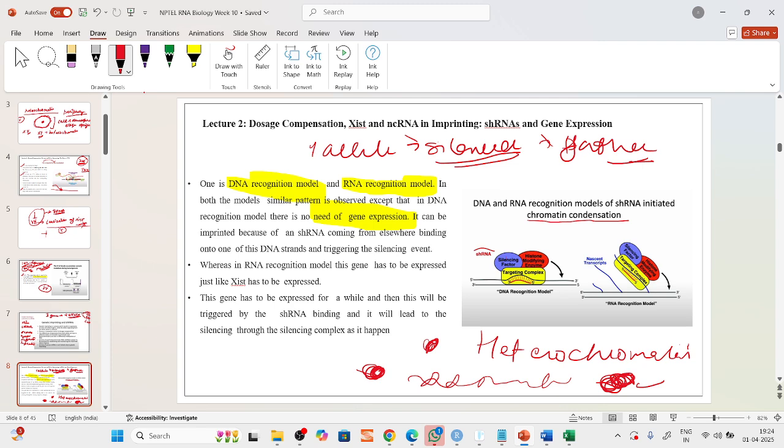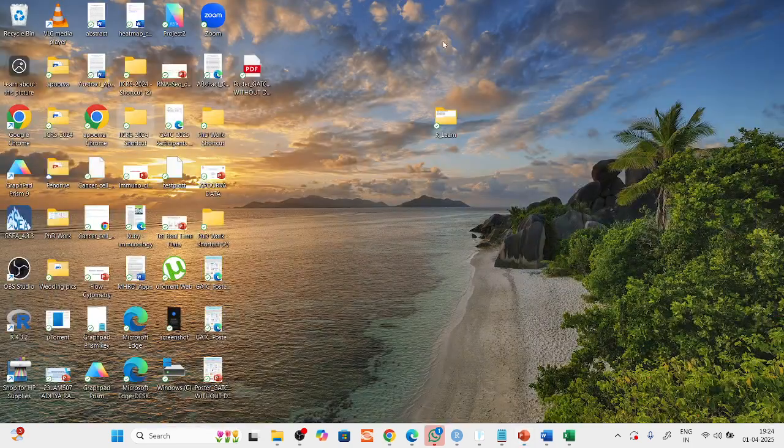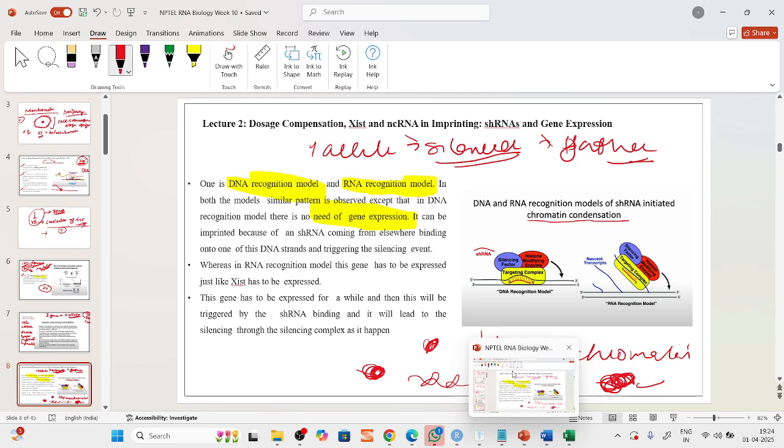So what happens here is that shRNA from elsewhere comes and binds to the DNA, which leads to the coming of other factors such as silencing factor, histone modifying enzymes, etc. And then this DNA is marked, and then this DNA will not be transcribed. So this is how this shRNA recognizes the DNA.